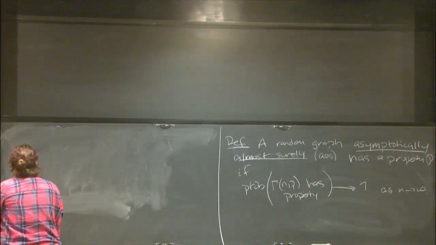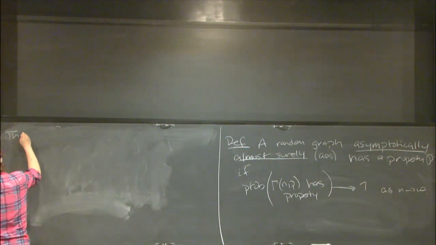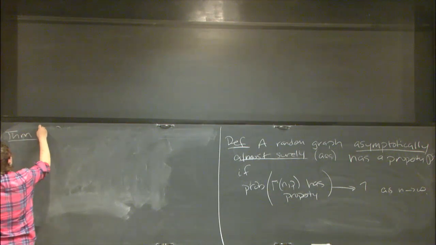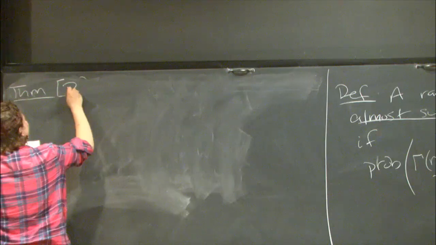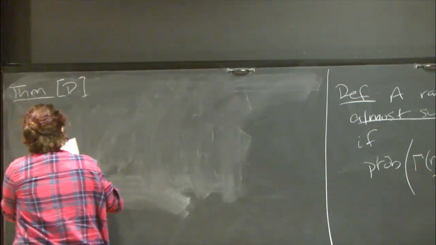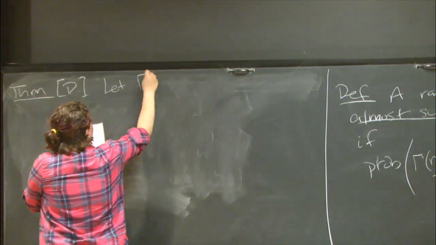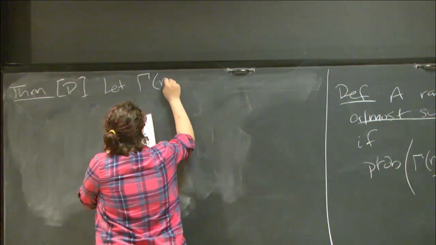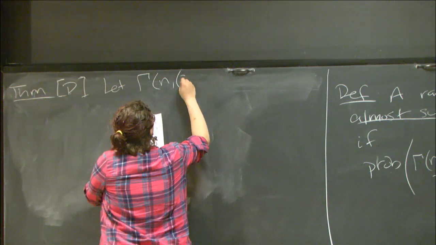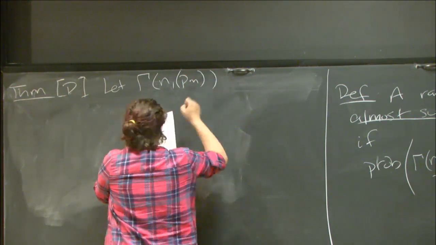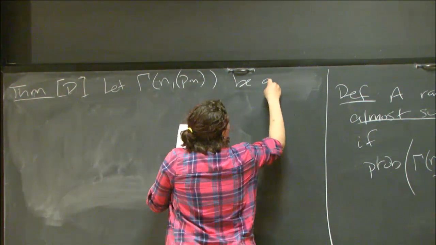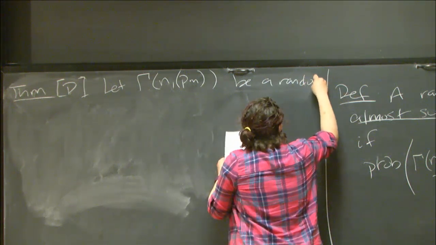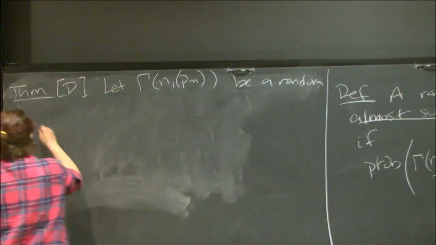All right, so this, I guess, is my theorem. So we're going to let gamma and then this sequence of probability functions be a random edge-labeled graph.